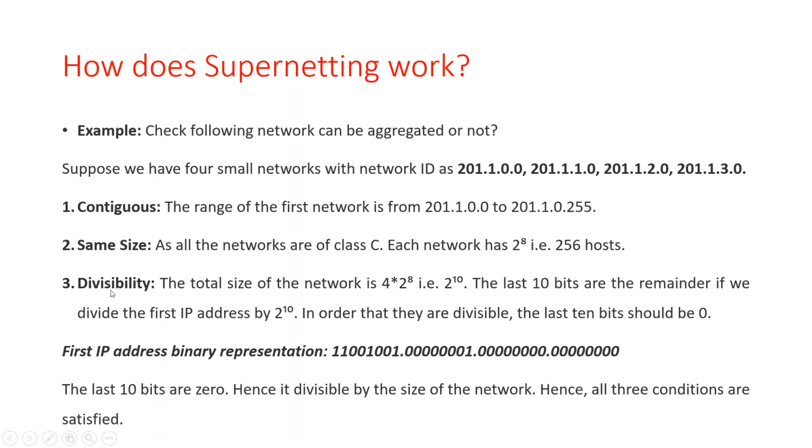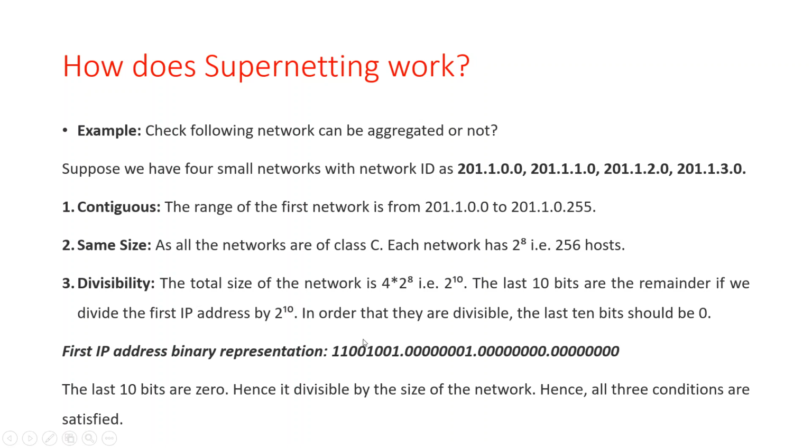Then the third rule is divisibility. The total number of networks is 4. Here we have a total of 4 networks given. So 4 into 2 raised to 8 is 2 raised to the power 10. So the last 10 bits are the remainder if we divide the first IP address by 2 raised to 10.